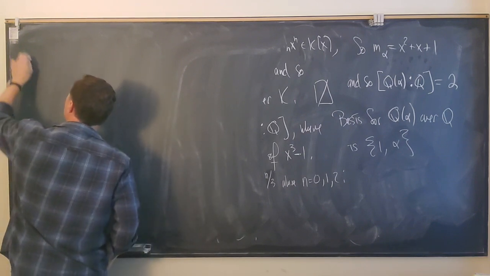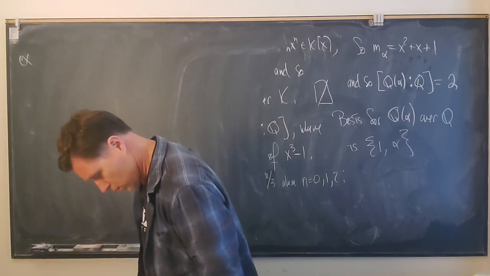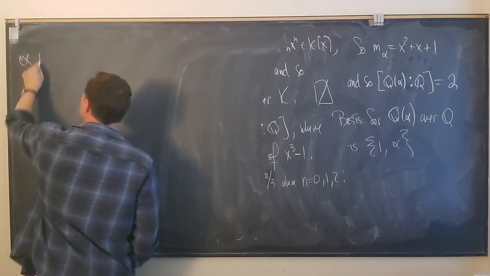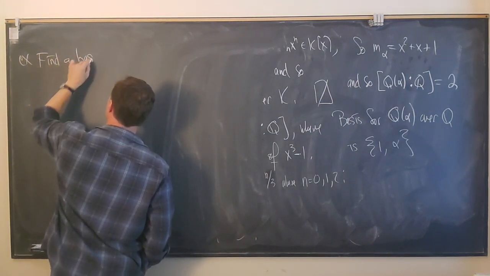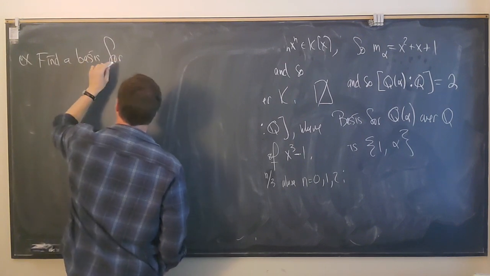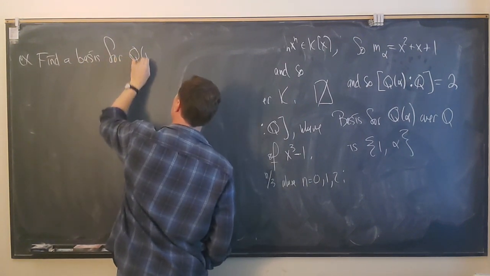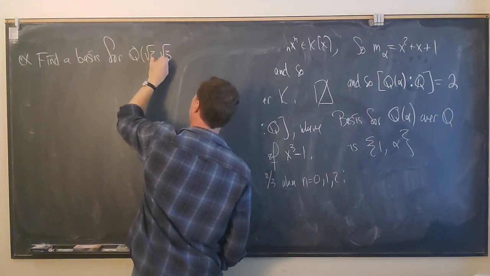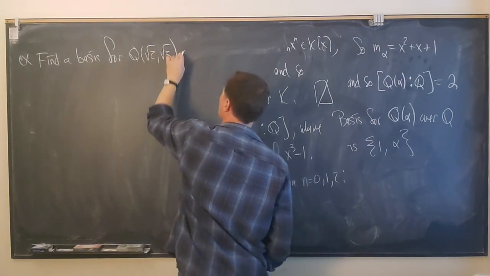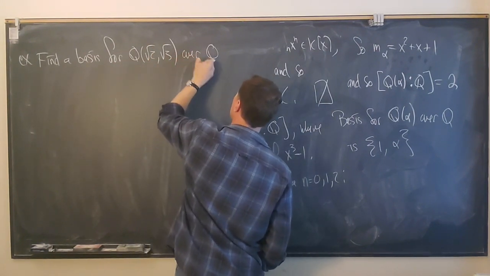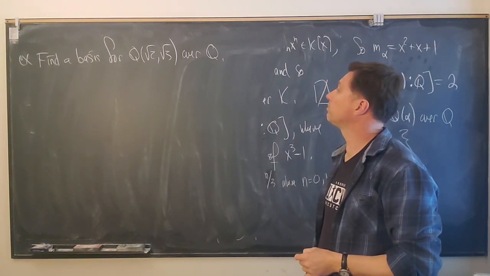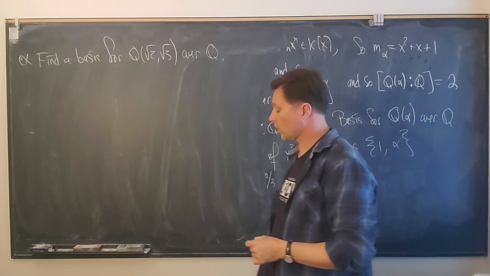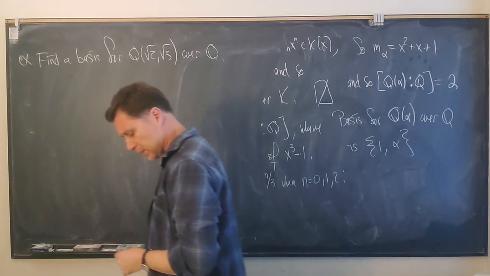Let's do another example. Let's find a basis for Q adjoin root 2 and root 3 over Q. Okay. So here's how it goes.